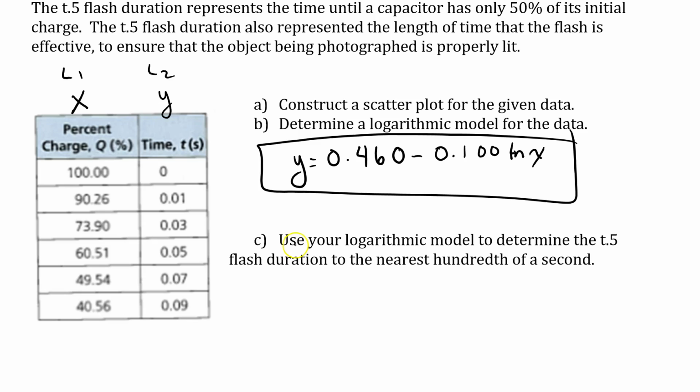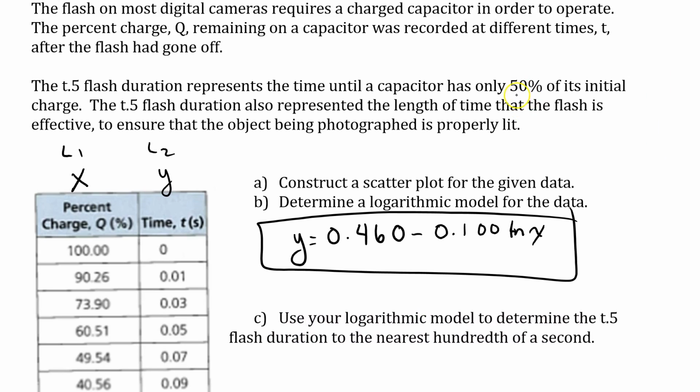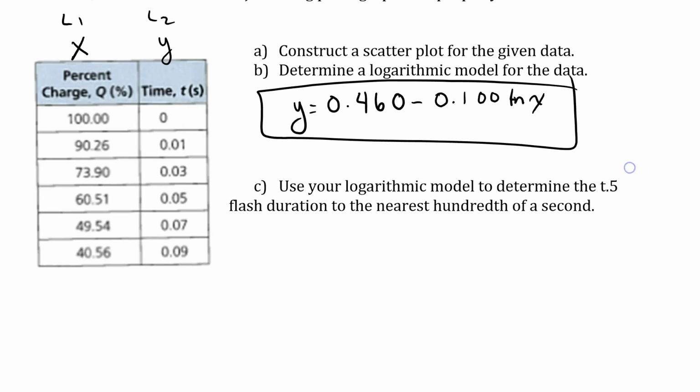Let's see, it says right here, use your logarithmic model to determine the t.5 flash duration. Remember, the t.5 flash duration is when the x is 50%. So to the nearest hundredth of a second, we're going to say x equals 50, and we're going to determine what our y value is from that.